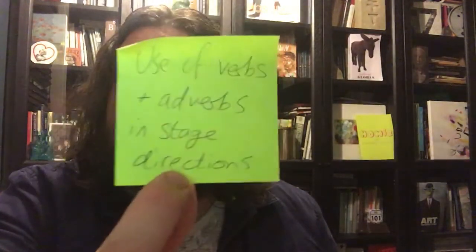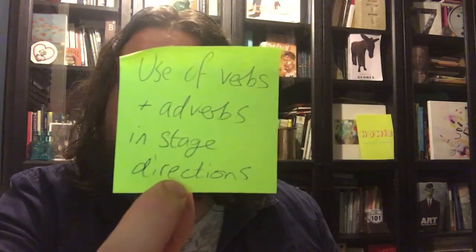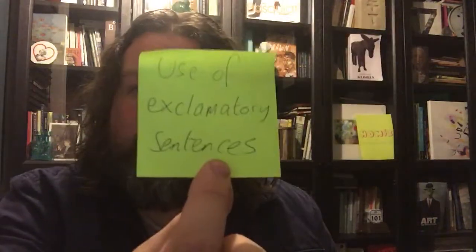So for scene 1, you've got the use of verbs and adverbs in the stage directions. If you want to talk about patterns of methods that Williams is using, that's always a good thing to look for. Then the use of exclamatory sentences, especially from Blanche, when she's agitated or nervous or awkward.